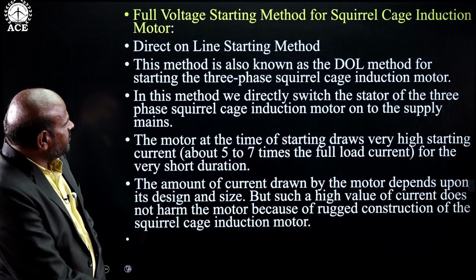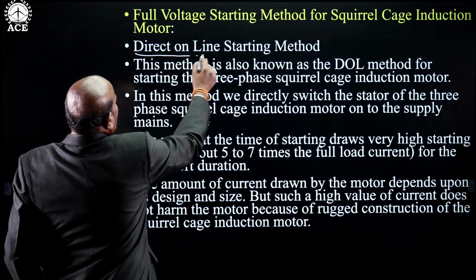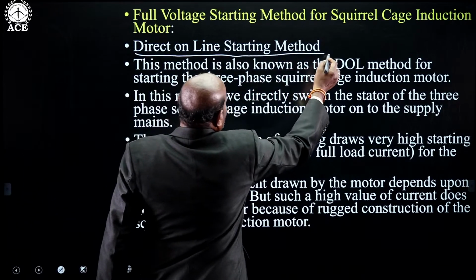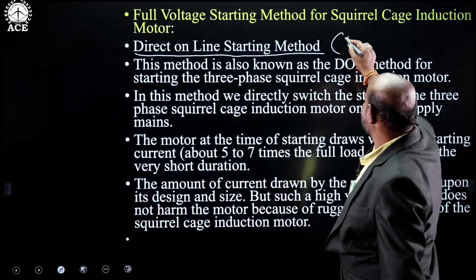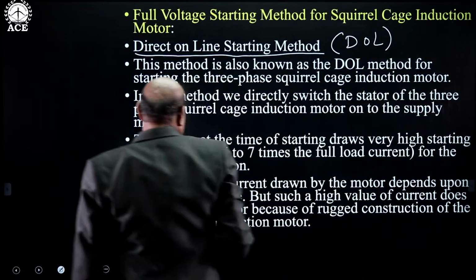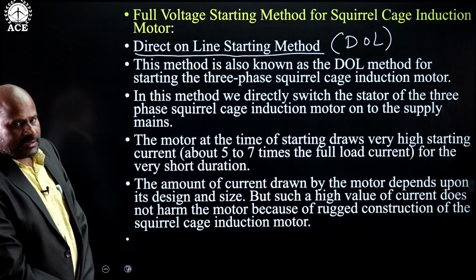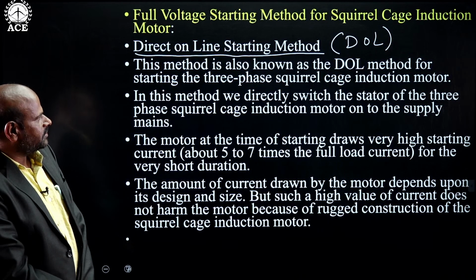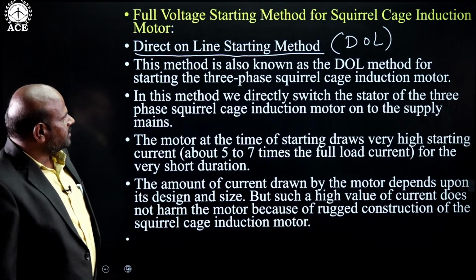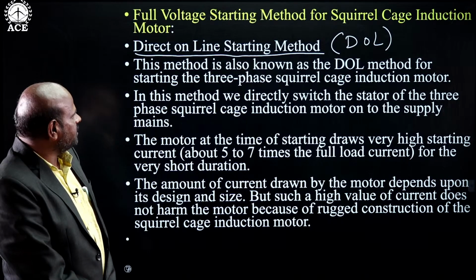The full voltage starting method is also known as the direct online starting method. We can use DOL starters. We can find DOL, direct online starters, in agriculture fields and also for household purposes, to get water from the sump.